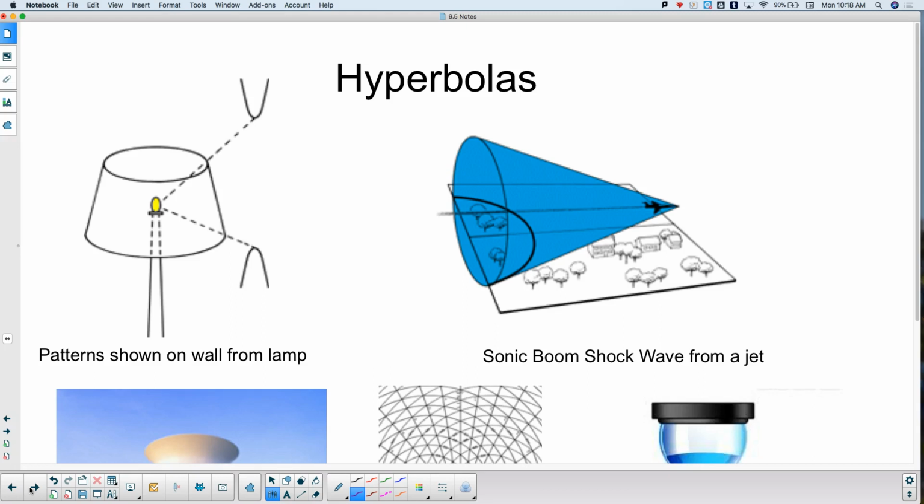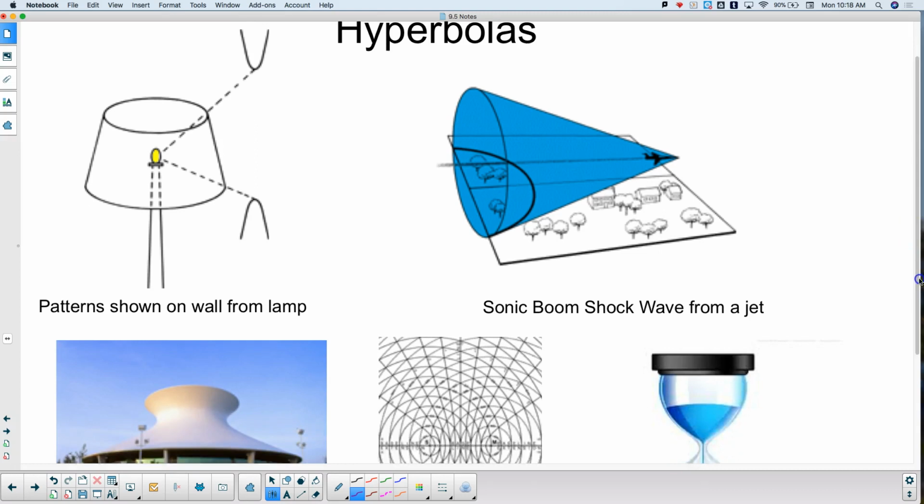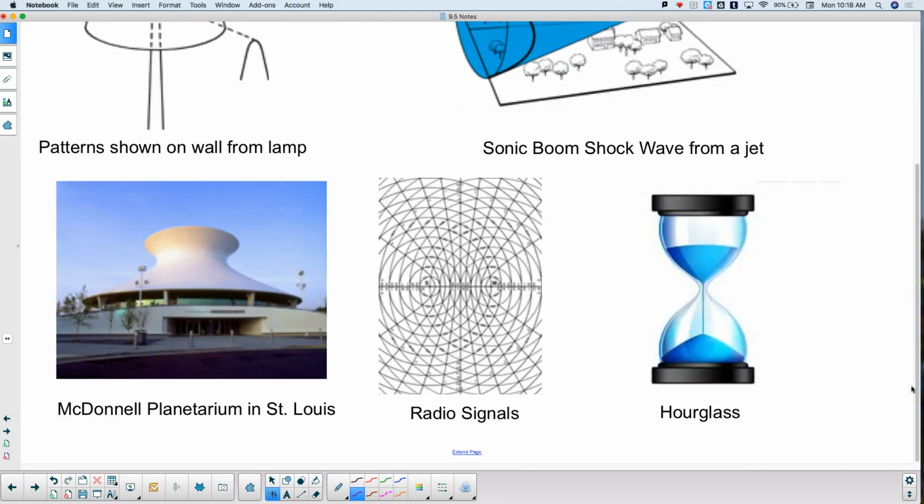Okay. An hourglass, the sands, like sands through the hourglass, so are the days of our lives. I think Days of Our Lives is still a soap opera on TV. Okay. The sides of an hourglass are in hyperbolic form. Okay. The McDonald Planetarium in St. Louis, the shape of the building is in a hyperbola form.